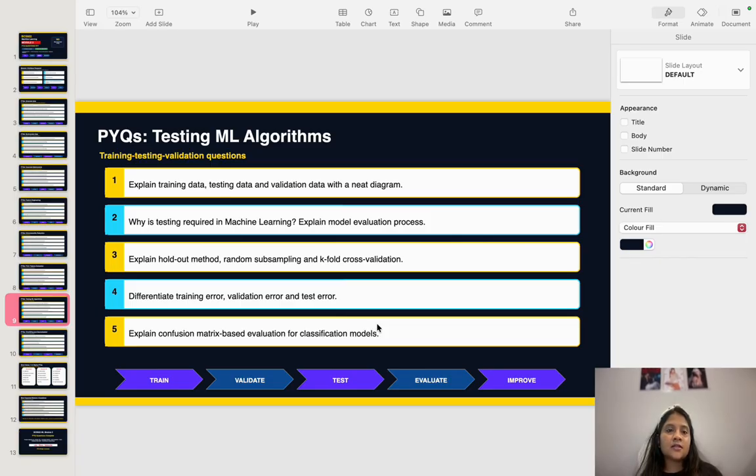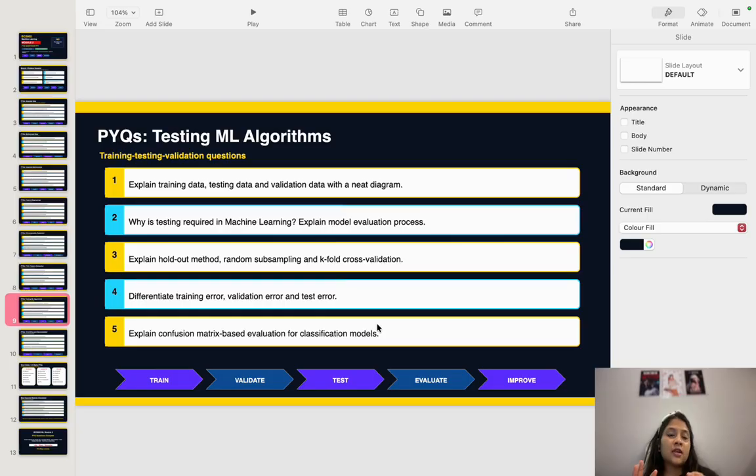Next, we have testing ML algorithms. Explain training data, testing data, and validation data with the neat diagram. Okay, so start with the explanation of what training data is, what testing data is, and what validation data is. Along with the diagram.